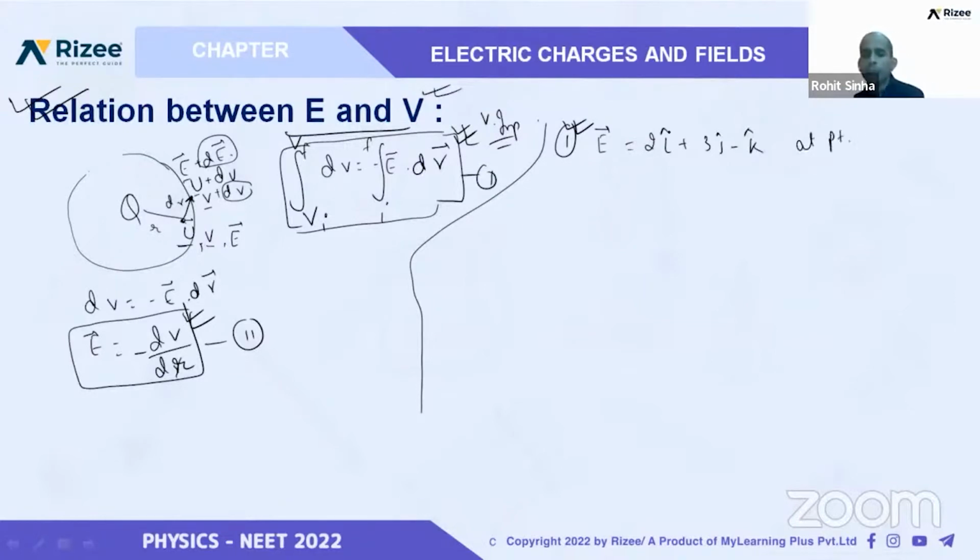Let us suppose at a point A, which is (0, -1, 2), the electric field is this much.